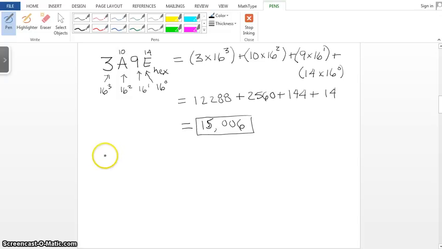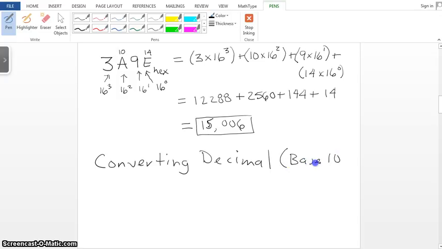That's what we're going to do. We're converting decimal, which is base 10, to other bases. We just did those main ones. Base 2 is binary, we did octal, base 8, we did hexadecimal, which is base 16.